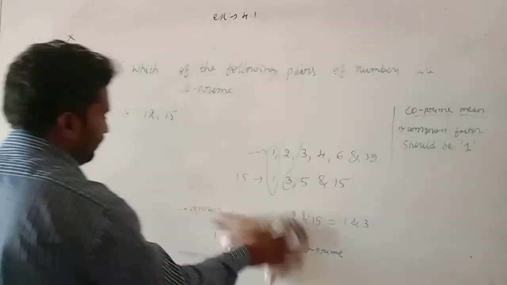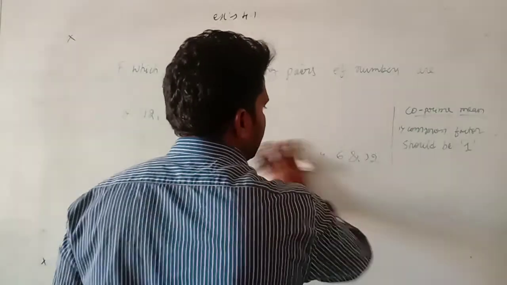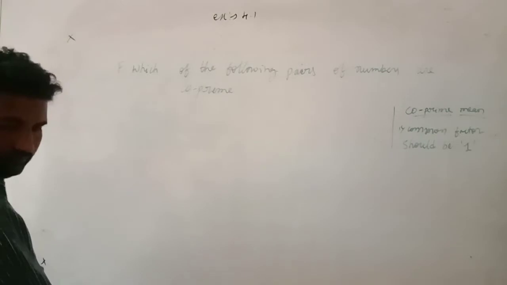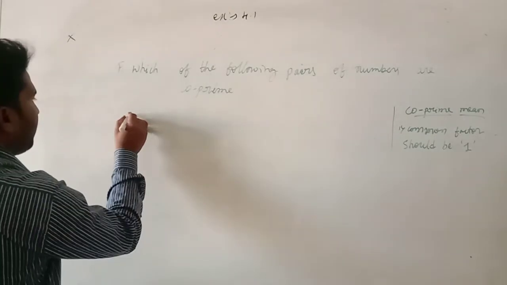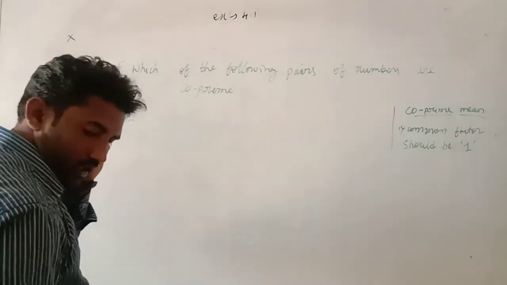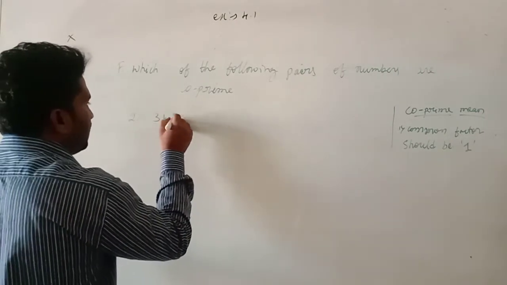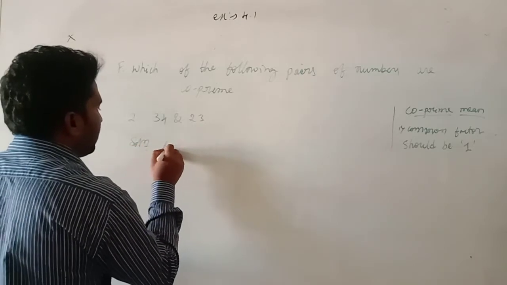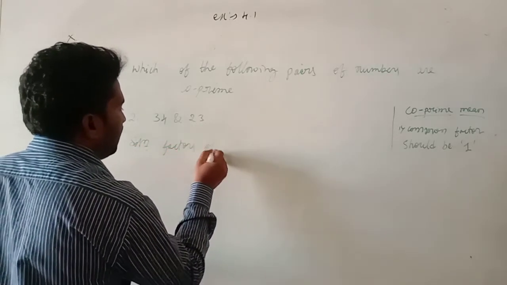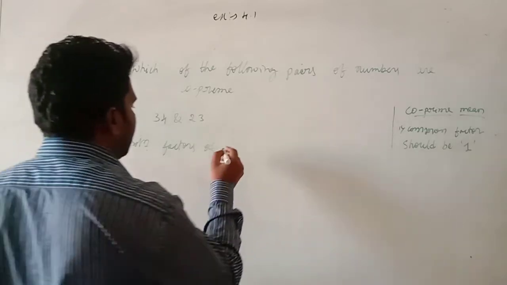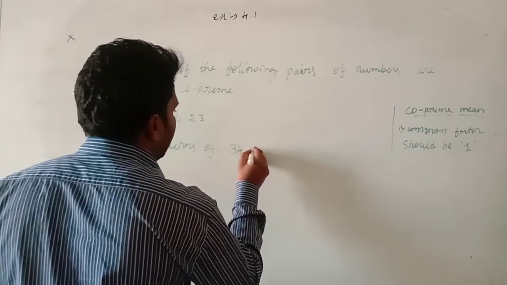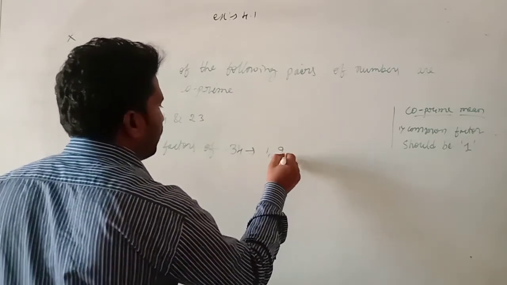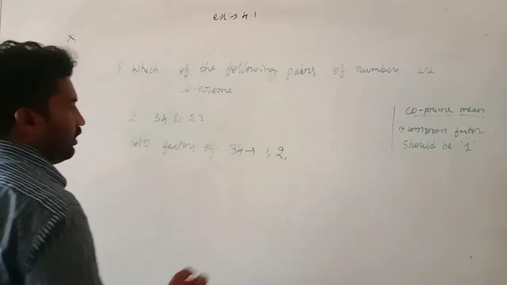So next, second one, 34 and 23. So 34 can be divided by 1, it can be divided by 2 because it is an even number.